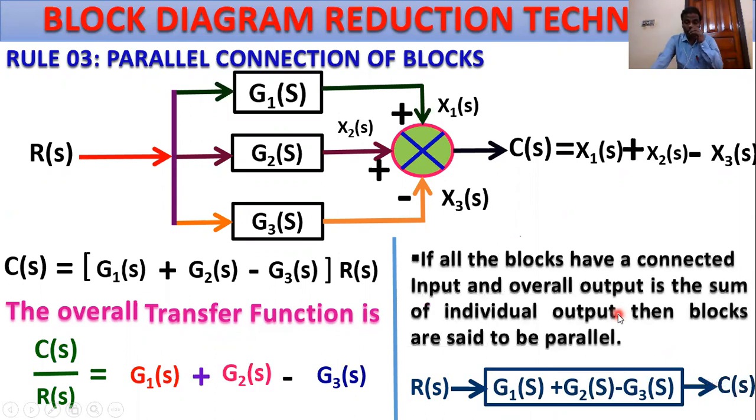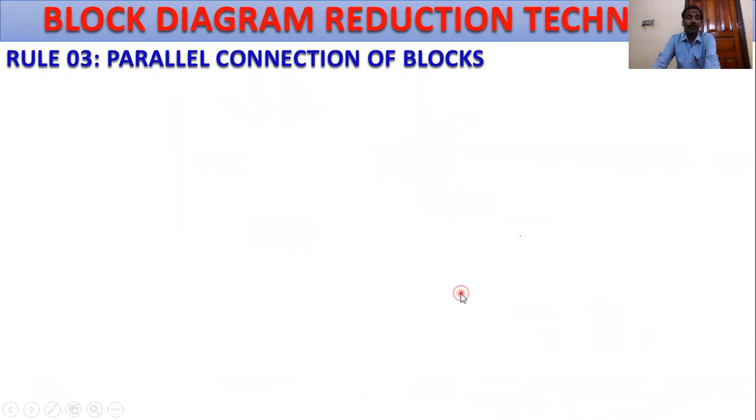This is a single block diagram where output equals C(s) and input equals R(s), and C(s) divided by R(s) equals G1(s) plus G2(s) minus G3(s). If all the blocks have a common input and the overall output is the sum of individual outputs, then the blocks are said to be in parallel. Parallel connection of the blocks.